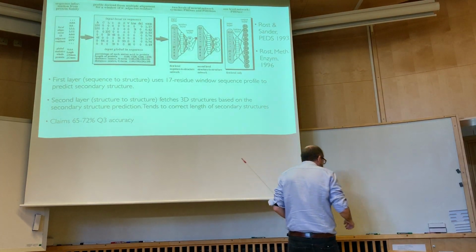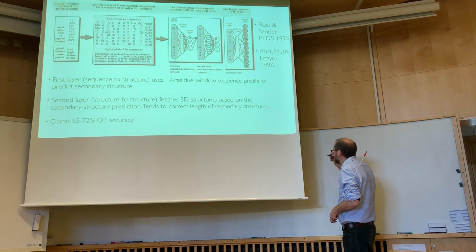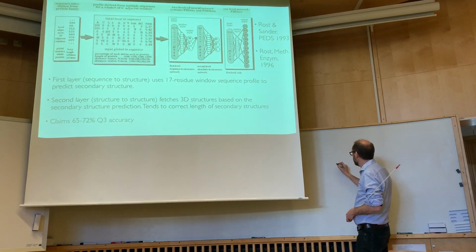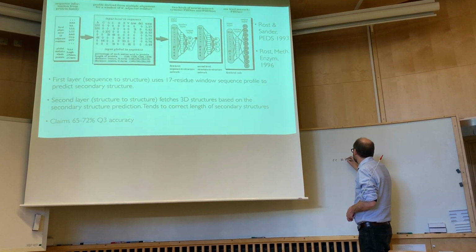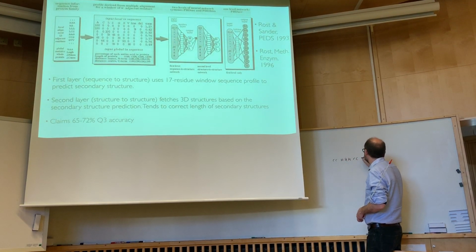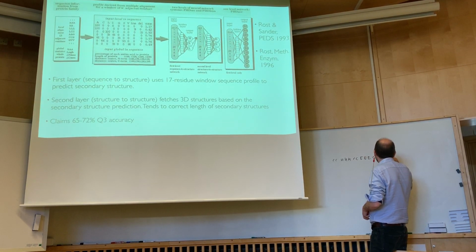So let's say you have some sequence, and your first neural network says, oh, this looks to me like it could be coil, helix, coil, I don't know, beta sheet, another beta sheet, and so on.